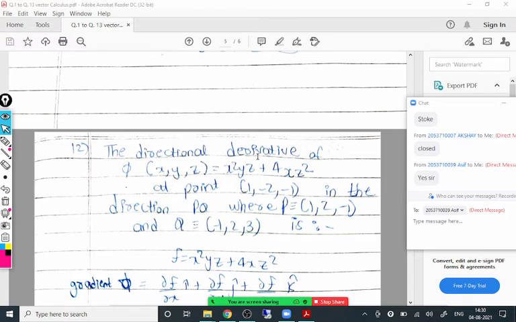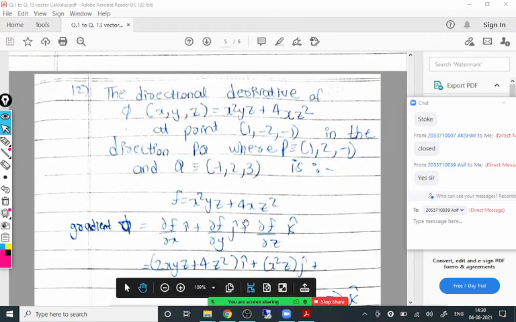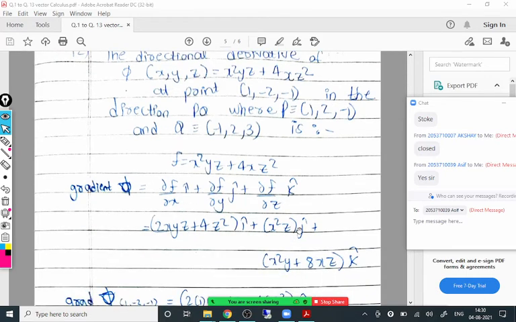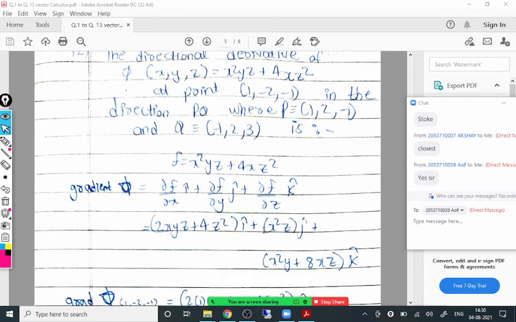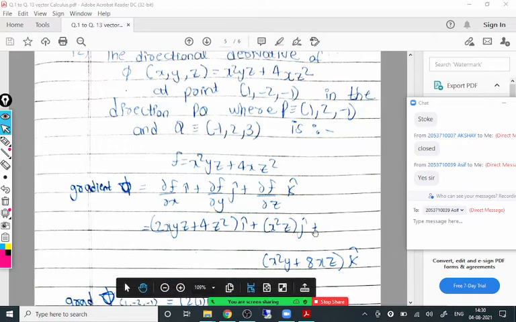We have to calculate del phi first, which is this formula: dou f by dou x i plus dou f by dou y j plus dou f by dou z k. And it is x square yz plus 4xz square. So dou f by dou x is (2xz plus 4z square) i cap plus dou f by dou y is x square z j cap, and dou f by dou z is (x square y plus 8xz) k cap.